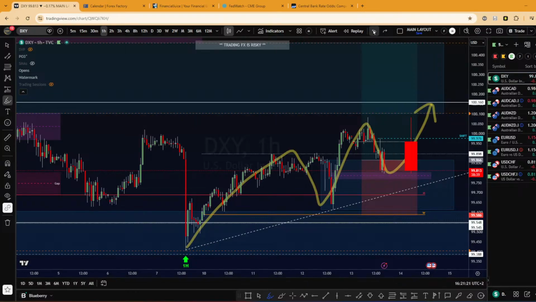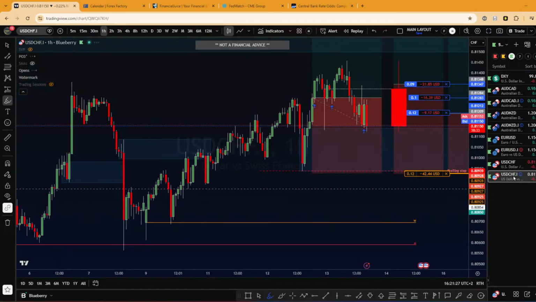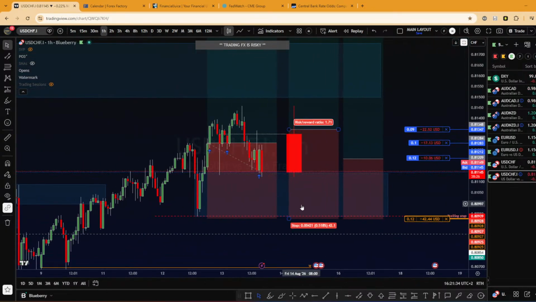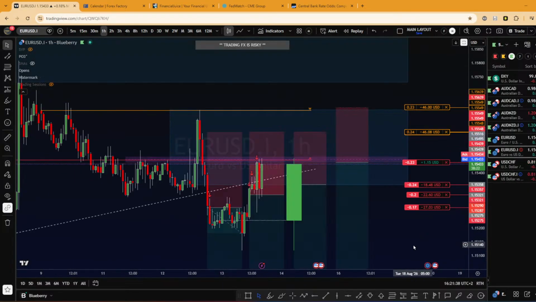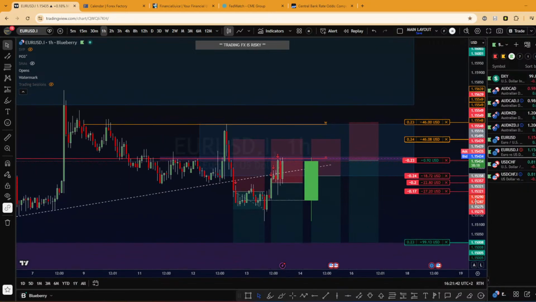Simply as that. So I maintain my trade on USDCHF because I'm still bullish short term on the dollar. But I don't like what I'm seeing right now on the EURUSD. Crazy.